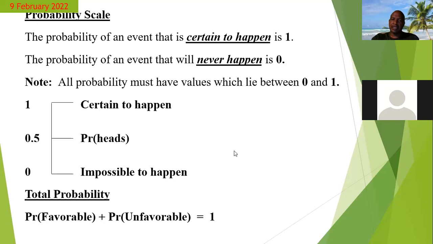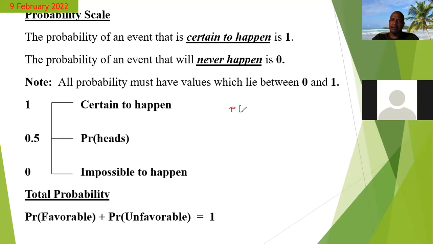Subtracting what? Let me give an example. Suppose I have 20 mangoes in the bag, and I have 8 Julies. What would be the probability of Julie? 8 out of 20.